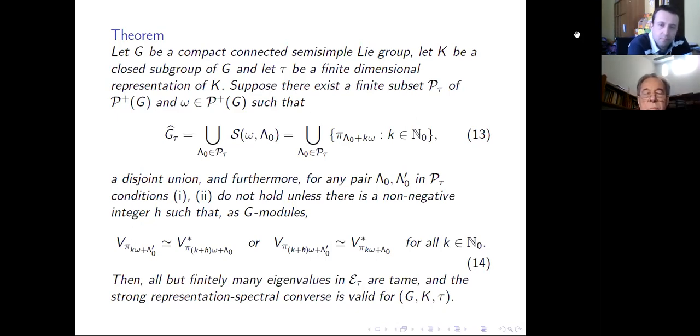And then the strong representation spectral converse is valid for G K tau.